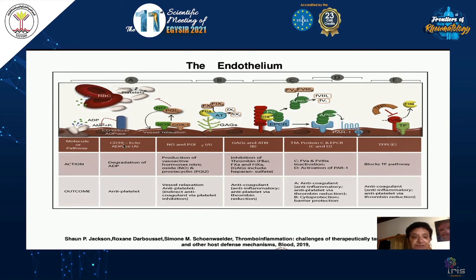It has the CD39 pathway, which is antiplatelet. It has nitric oxide and prostaglandins, which can cause vessel relaxation with an antiplatelet effect and maybe an indirect anticoagulant effect. It has antithrombin III, which is anticoagulant, anti-inflammatory, and antiplatelet. It has thrombomodulin, and together with protein C, it can cause natural anticoagulation, cytoprotection, and barrier protection. It also contains the tissue factor pathway inhibitor, which keeps the tissue factor quiescent.